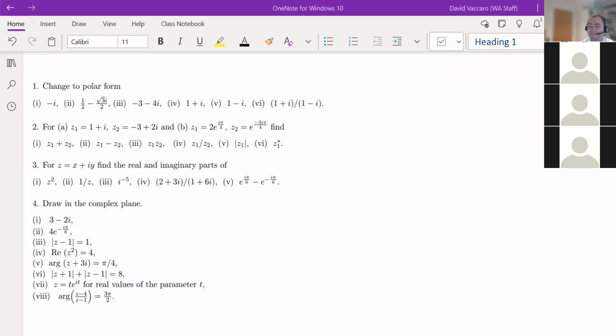Do feel free, if I ask questions, to unmute yourself. It is quite nice if people contribute. How do people generally find the complex numbers sheet? I know that people study complex numbers at different parts of the A-level course, so this might have been an occasion where the sheet was on something which you hadn't seen before.